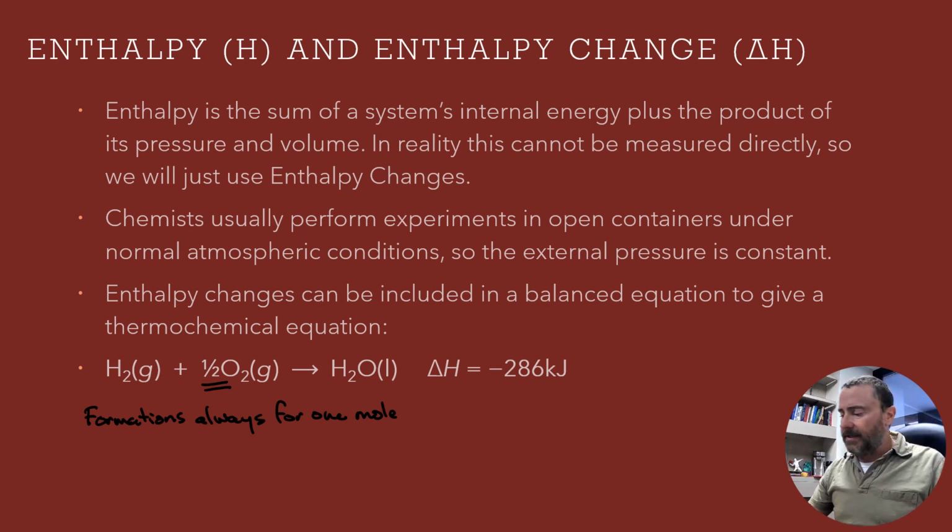All of these can be found in a table. If you're using an OpenStax textbook, like our textbook in this class, that is in Appendix G, where you'll find a table of formation constants for forming 1 mole of all these different species.